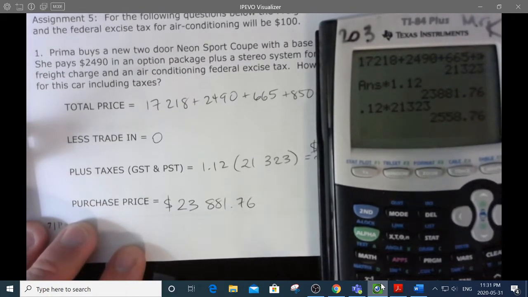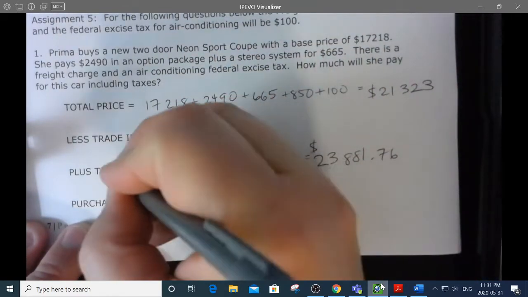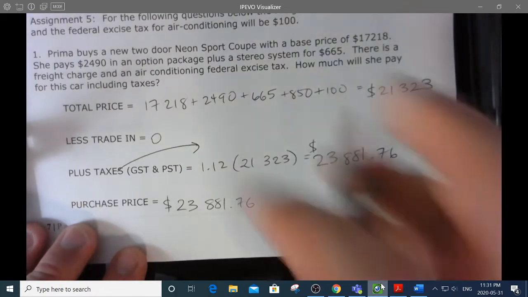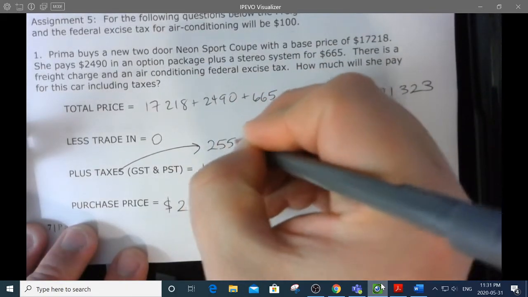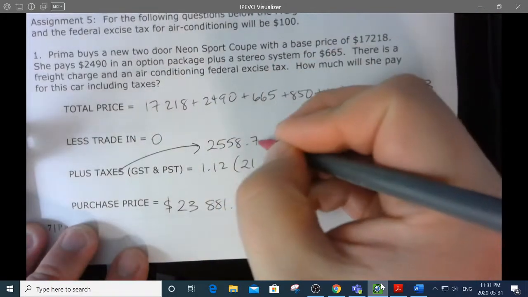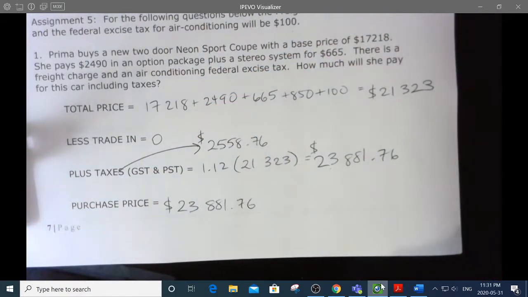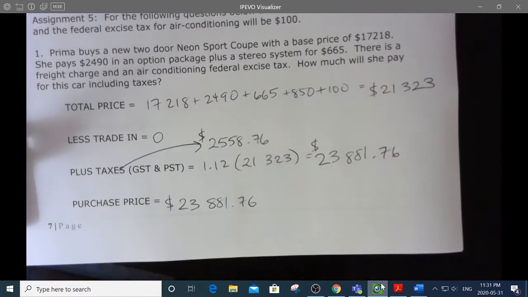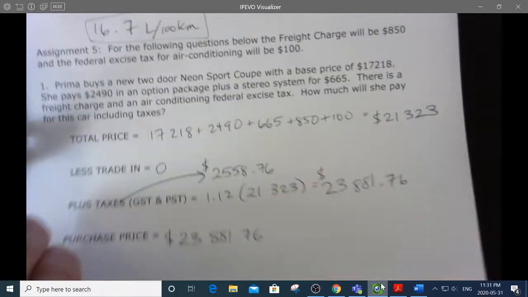The actual taxes are $2,558.76. So this is the number they wanted for the taxes. Then there's the total price. Okay, so that was number 1.